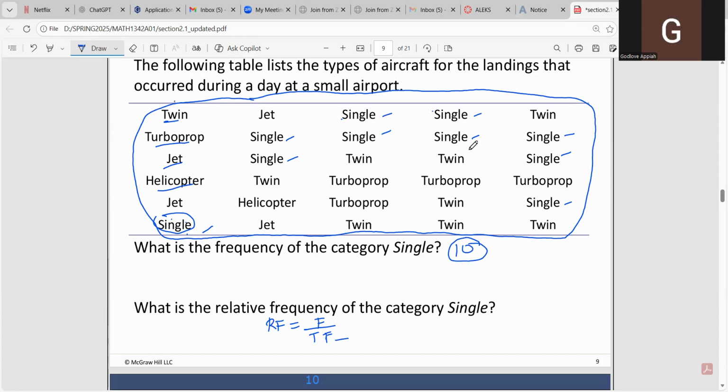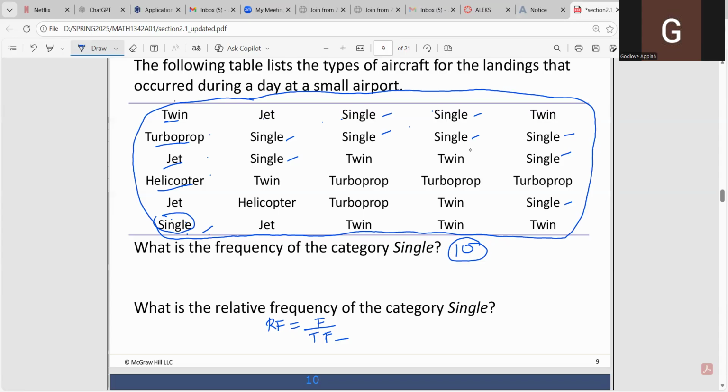The way to do that, you would have to go to the data and count all the observations in the data set. So the first column here, I have 1, 2, 3, 4, 5, 6 observations. In the first row, I got 1, 2, 3, 4, 5 observations. So if you want to find the total, you just have to multiply 6 by 5.